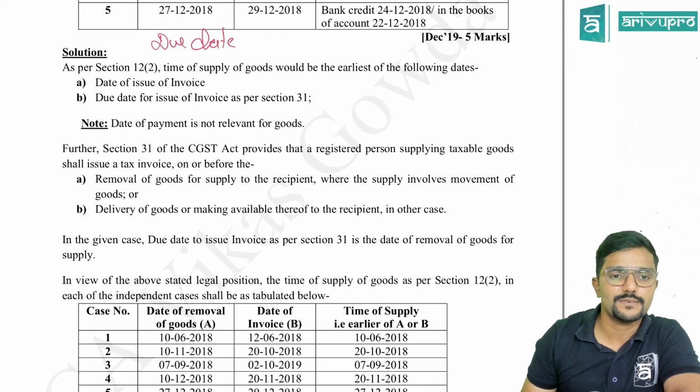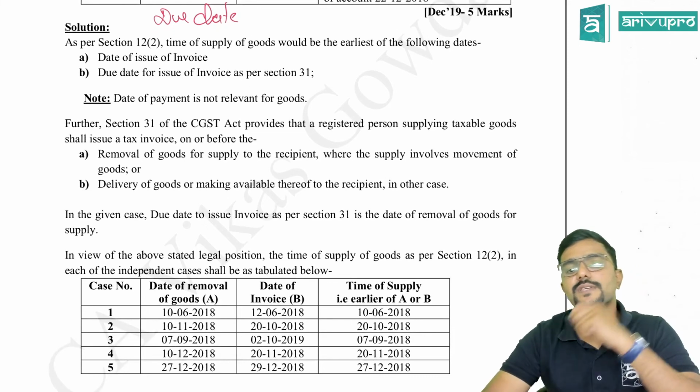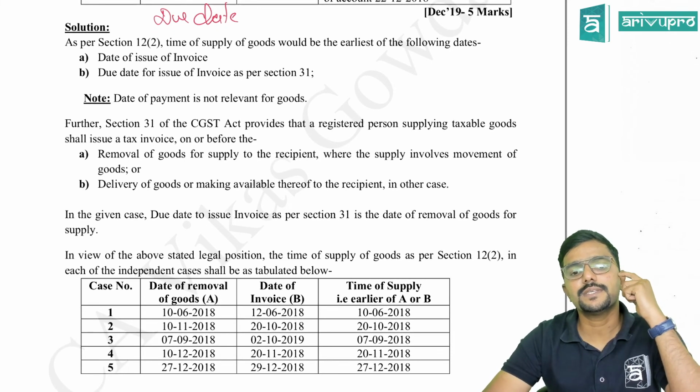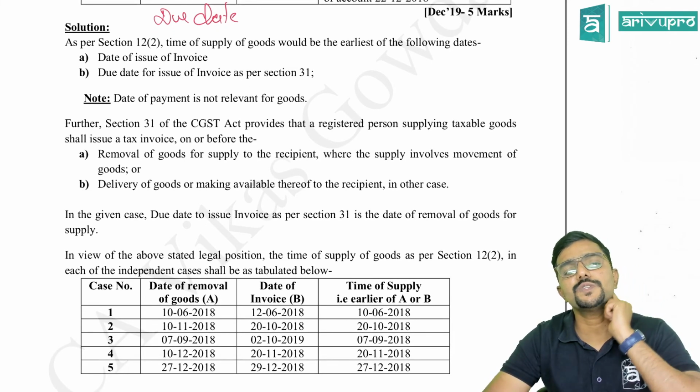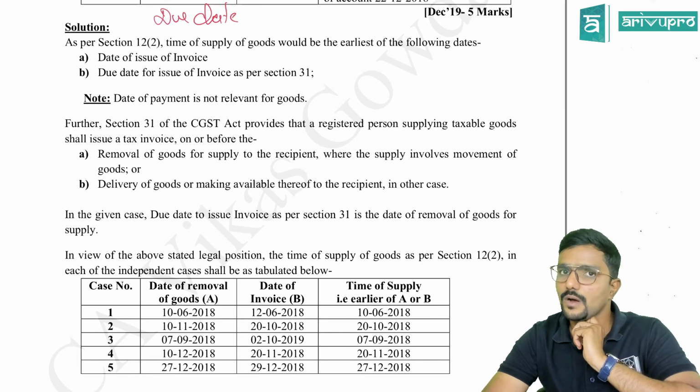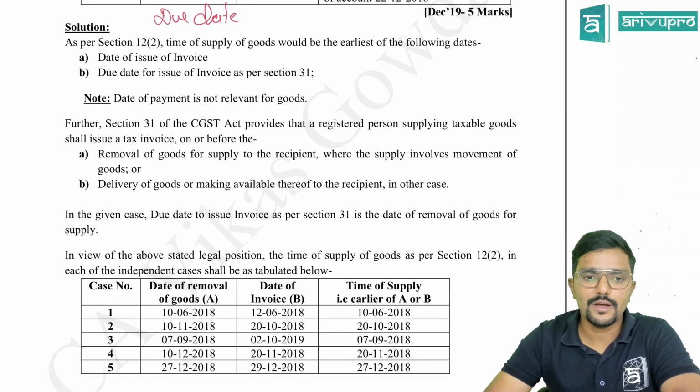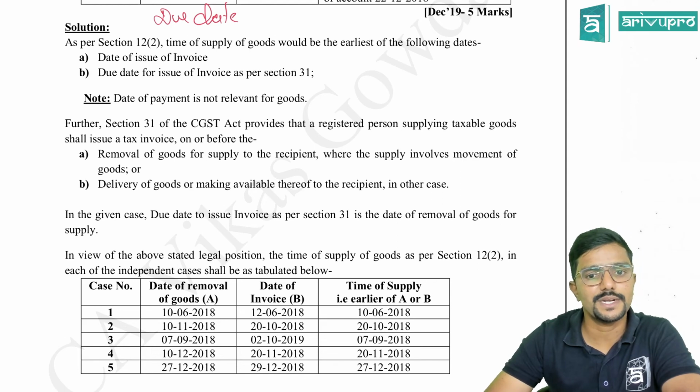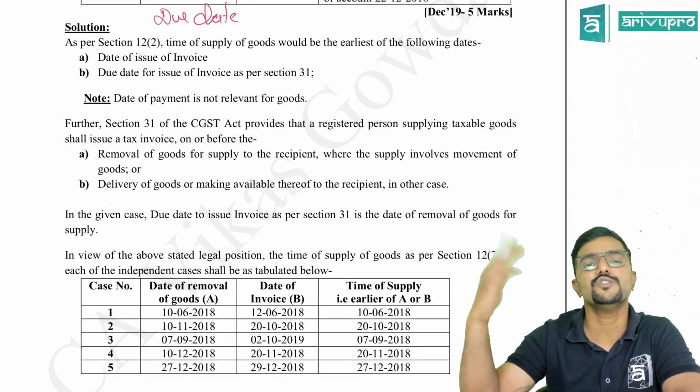Further, section 31 of the CGST Act provides that a registered person supplying taxable goods shall issue a tax invoice on or before removal of goods for supply to the recipient where supply involves movement of goods, or delivery of goods or making available thereof to the recipient in other cases, that is, when there is no movement.